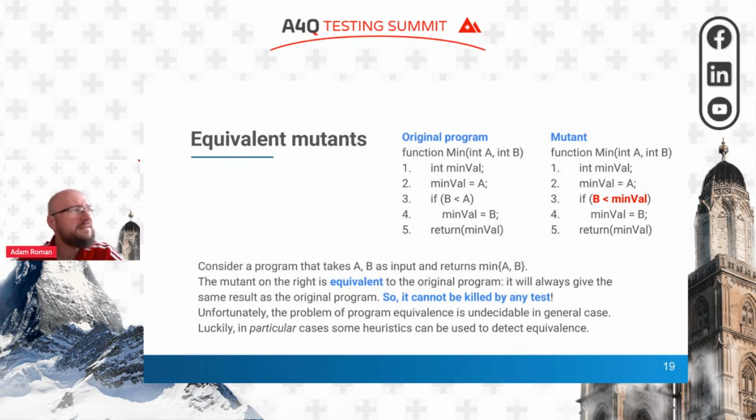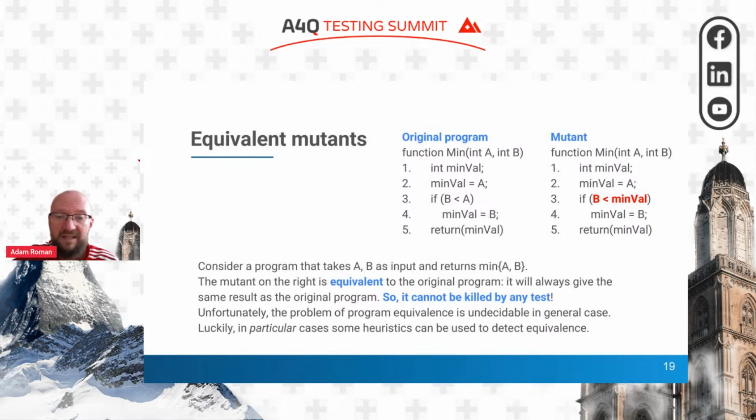Now, there is a small problem with some mutants, because it may happen that when we apply a mutation operator to our code, it may transform the program, changing something like this red thing here, but the program will be equivalent to the original one. Look, when we replace this variable a with min val, nothing really changes in the program, because in line 2 we set min val to a.